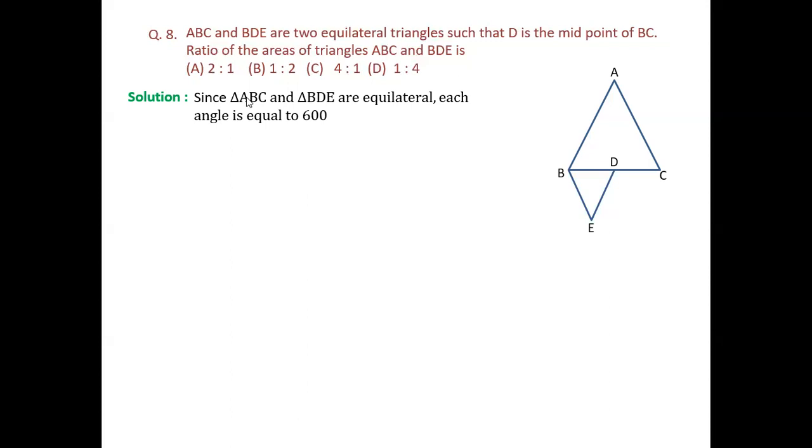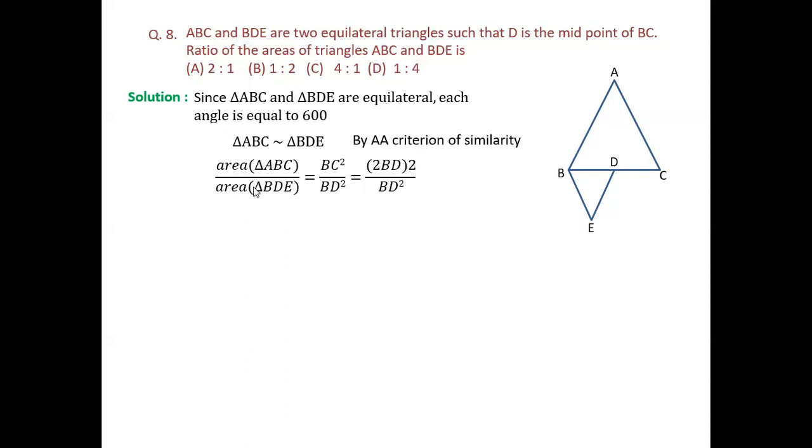So since triangles ABC and BDE are equilateral, each angle is 60 degrees. Therefore, triangle ABC and triangle BDE both are similar by the AA criterion. Therefore, the ratio of the corresponding sides must be equal. So BC is double of BD.